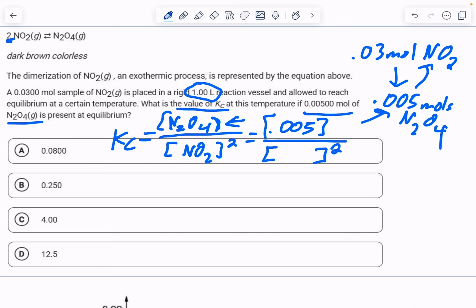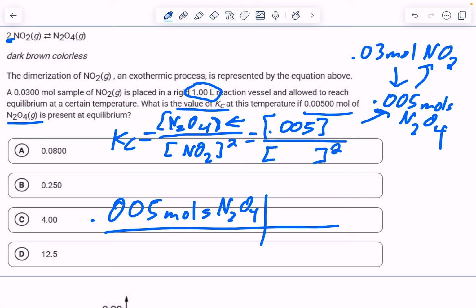So I have 0.005 moles of N2O4, and for every 1 mole of N2O4, it required 2 moles of NO2. I get that from the balanced equation. So how much does that mean?